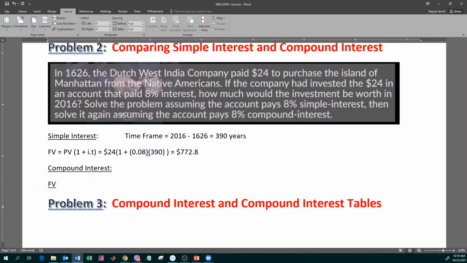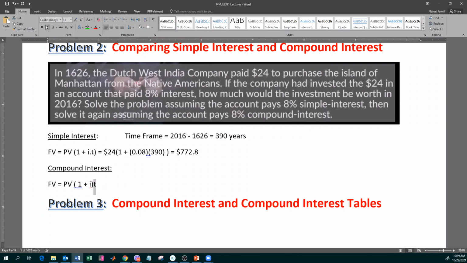Okay, future value is equal to what, guys? Can you tell me the formula? Future value is equal to present value, we've done this already, into 1 plus I to the power of T. All right, so let's do that.